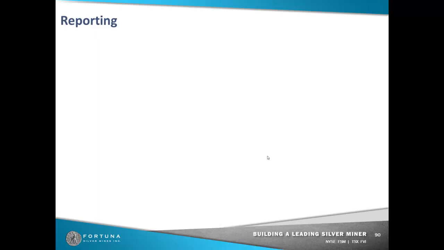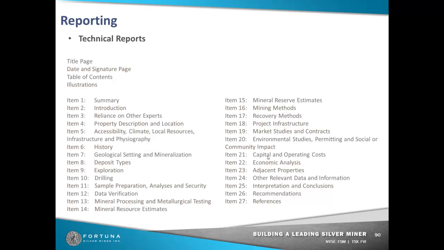So what does a technical report actually involve? Well, in accordance with the Form F1 provided under NI 43-101, it sets out very clearly the expectations of the information which should be contained within a technical report.